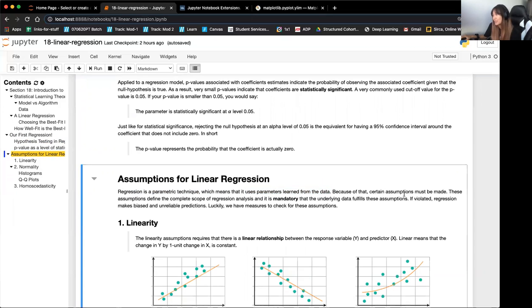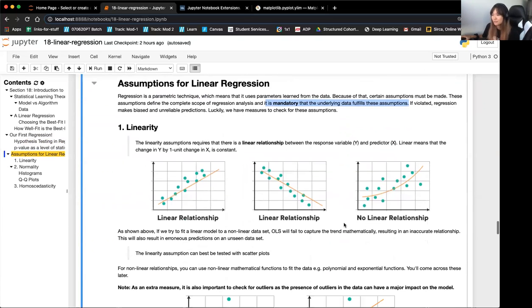So it is kind of mandatory that the underlying data fulfills these assumptions. As good practice, you should check for these assumptions. There are three main ones I'm going to talk about, to see whether using a regression model for this data was a valid choice.